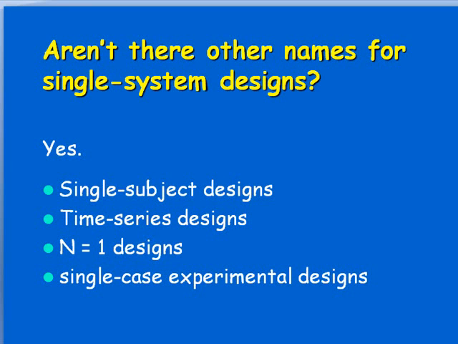In a classic research design, you may have N=50 in your treatment and N=60 in your control group. Well, N=1 design is a single system design. And then a single case experimental design refers to a more complicated single system design that we'll talk about further down the line when we talk about evaluation design.